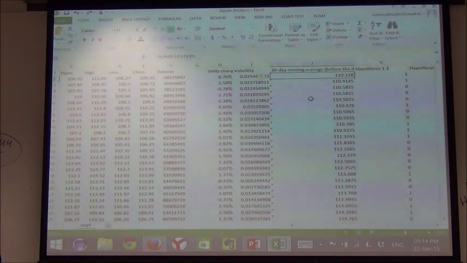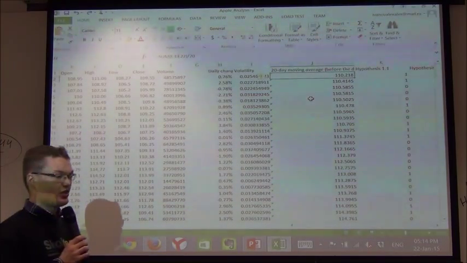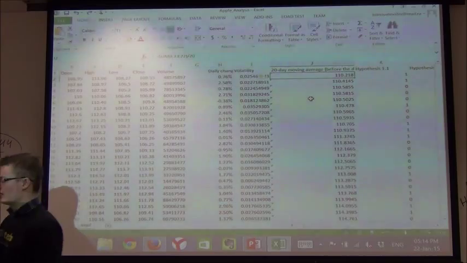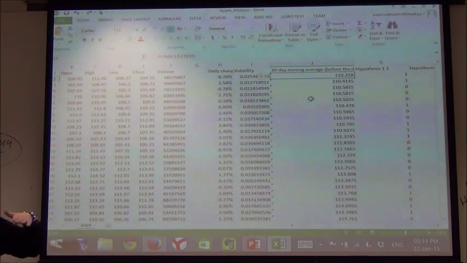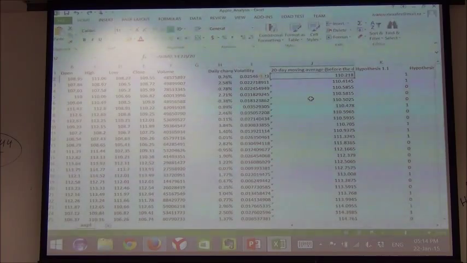Let's say that we have a moving average, and if the current price is higher than the moving average, we think that this is an increasing trend, and in this case we buy that stock. If the current price is lower than the moving average, then we think that this is a decreasing trend, and okay, we sell that stock.